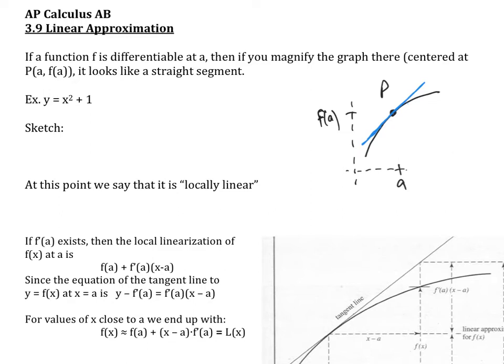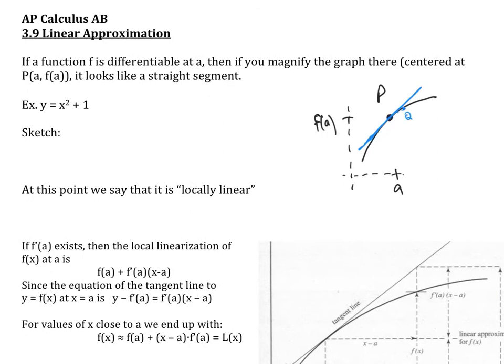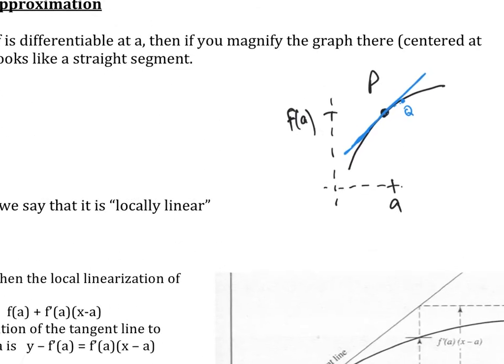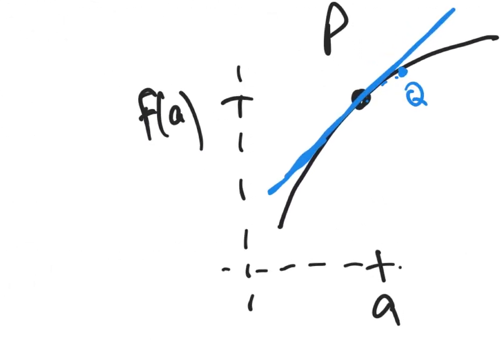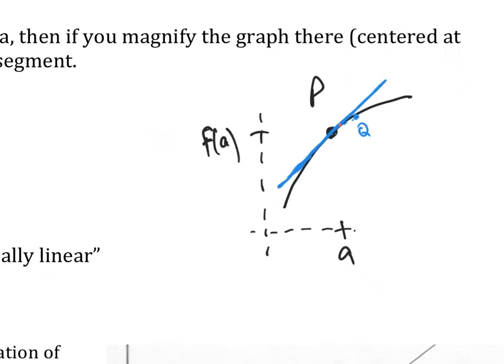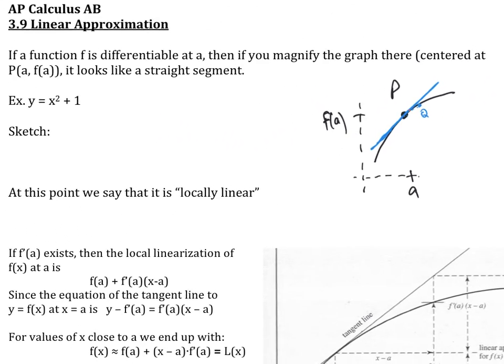Since I have a point Q, we'll put that point right here, and if I move that Q so close to P, it's going to end up being pretty much straight on this tangent line or close to it. The approximated value will be so close that the error is negligible.